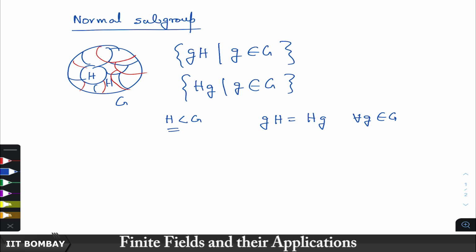That is because for every element the left coset and the right coset are the same, which means all the left cosets and right cosets are the same.